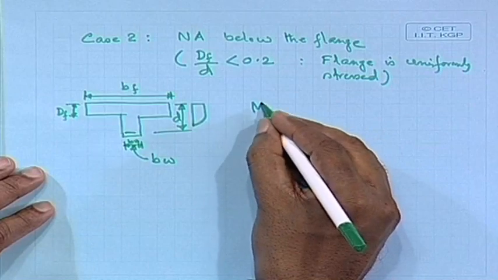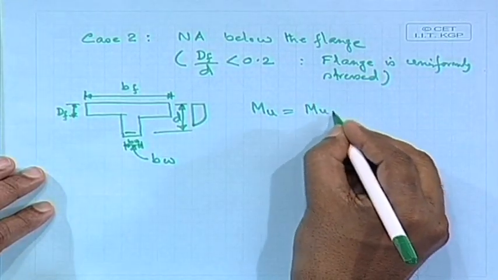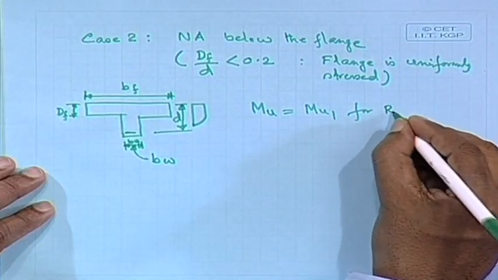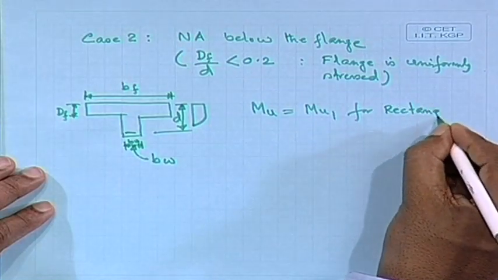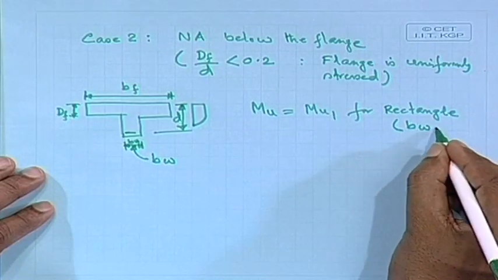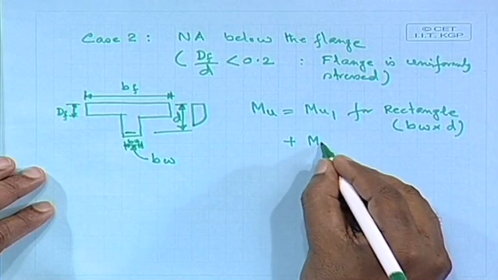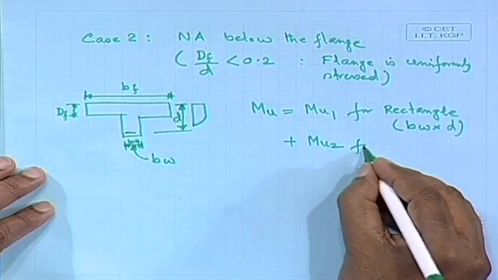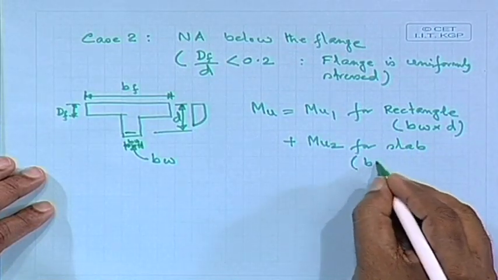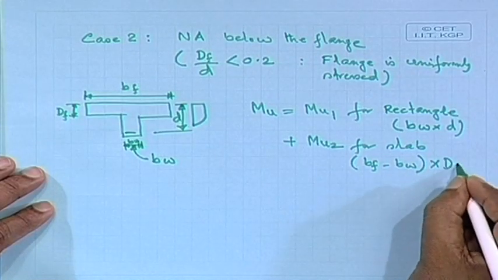So, Mu equal to Mu1 for the rectangular portion, which is nothing but bw times d, plus Mu2 for the slab, that means bf minus bw times Df.